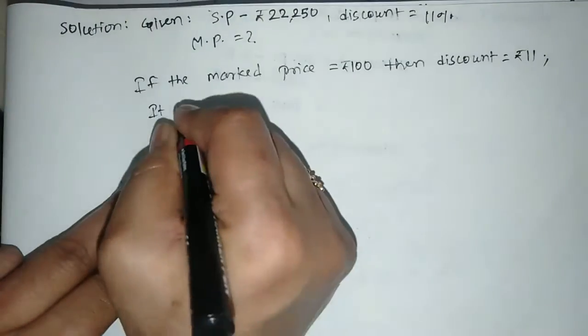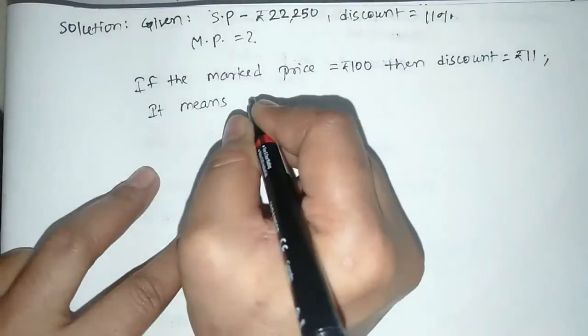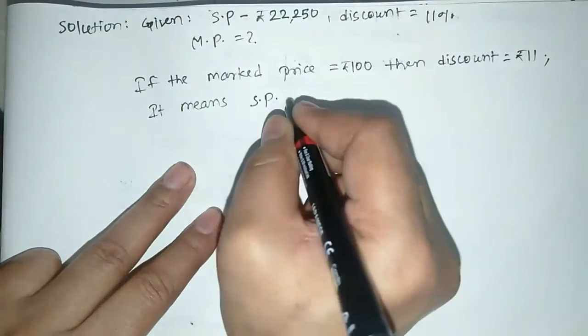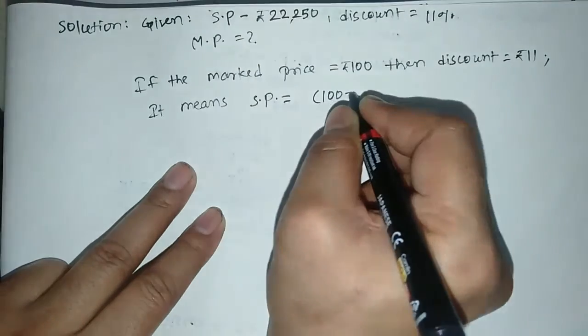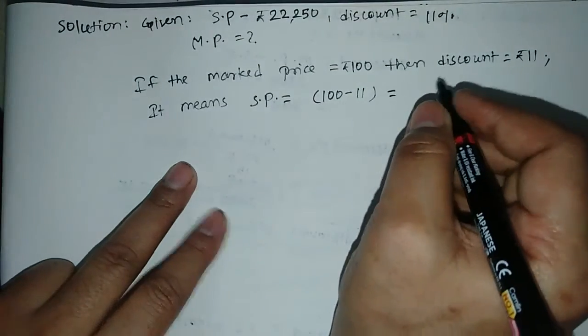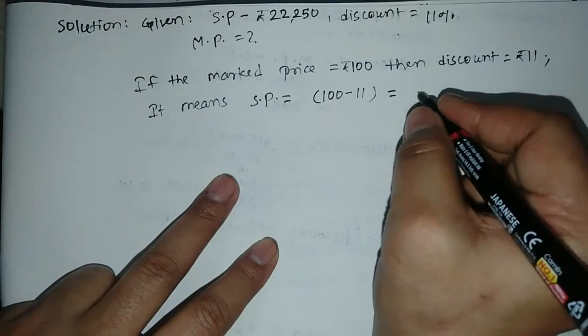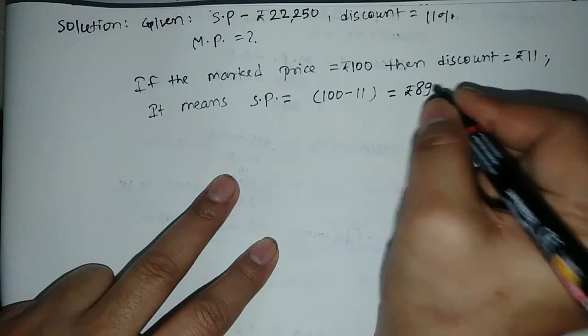It means selling price is equal to 100 minus 11, so it is 89 rupees.